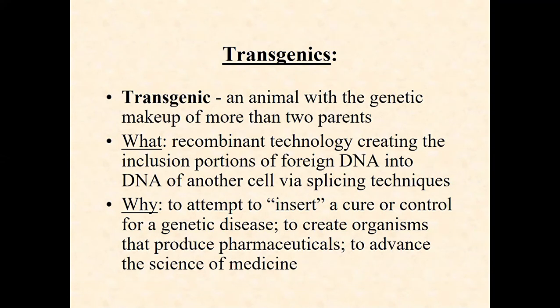To attempt to insert a cure or control for a genetic disease, to create organisms that produce pharmaceuticals to advance the science of medicine. So this is very important in the pharmaceutical world, trying to come up with cures or control genetic diseases and being able to insert them right into those organisms.